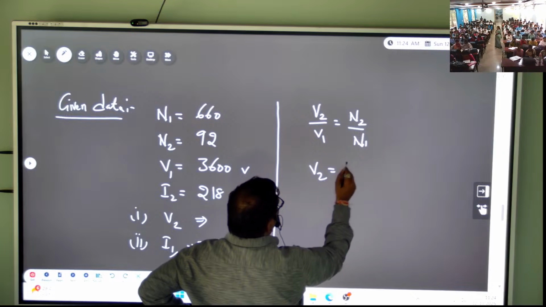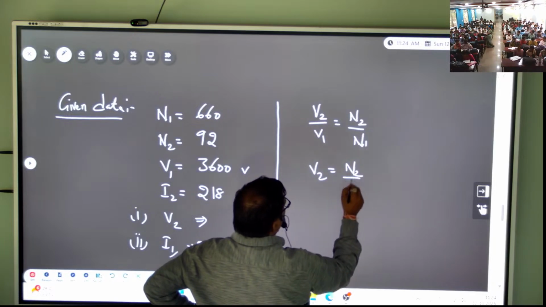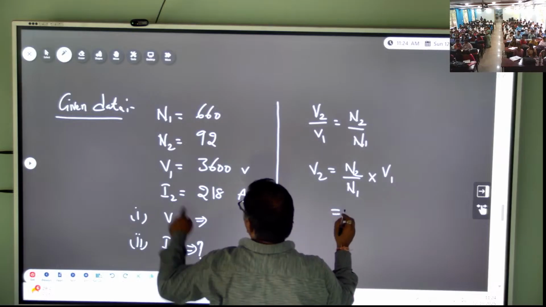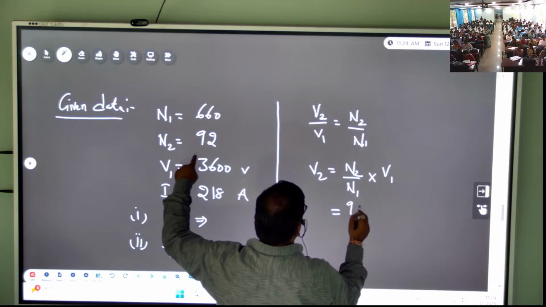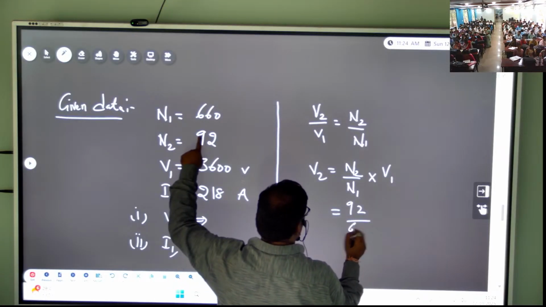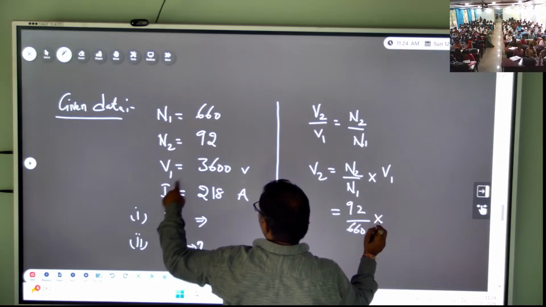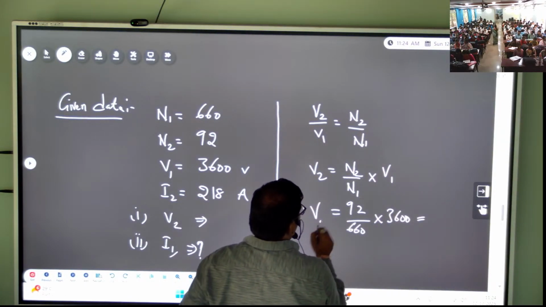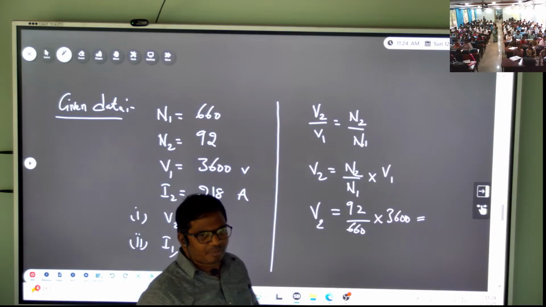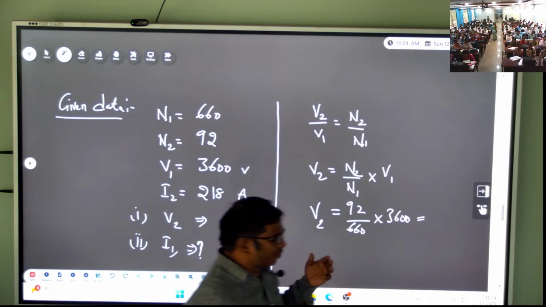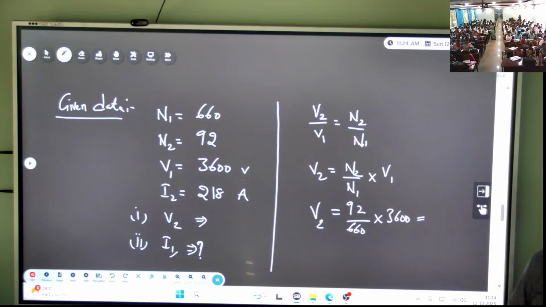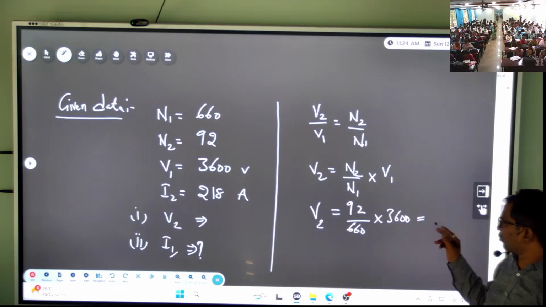V2 is equal to N2 by N1 into V1, that is 92 by 660 into 3600. Primary voltage is given, you need to find the secondary voltage. Secondary voltage is given by 92 by 660 into 3600.